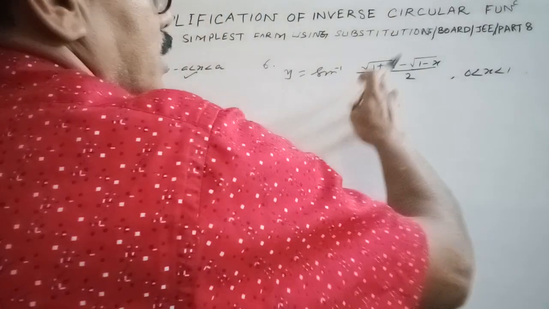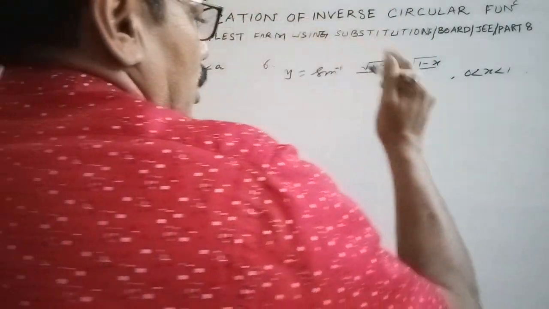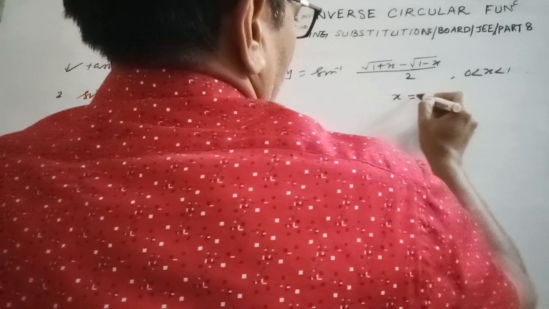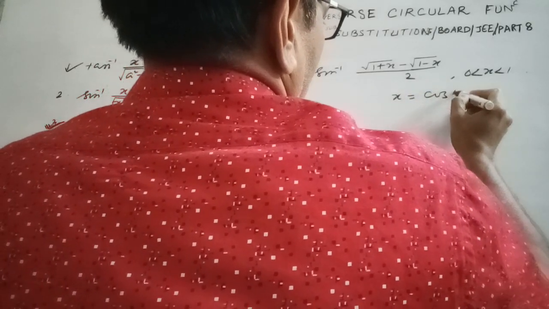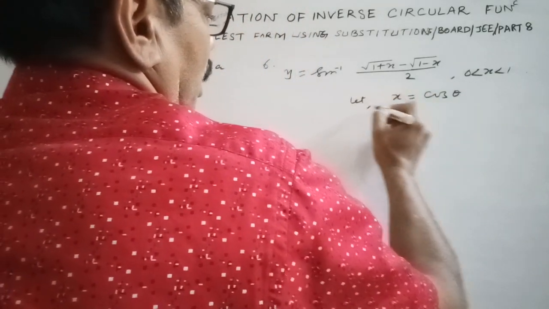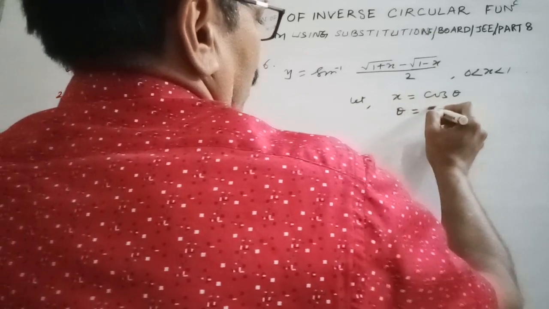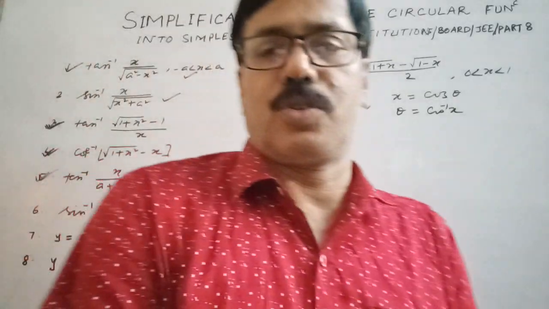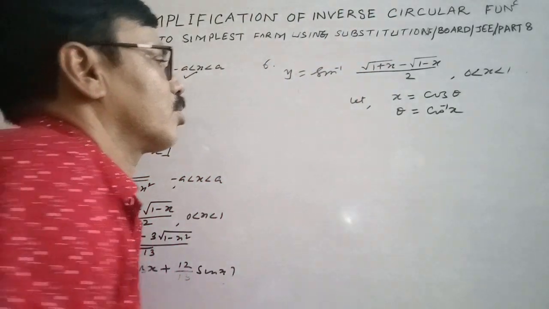Try to recall the transformation: a plus x, a minus x, both are present. So x equals a cos theta. Here a is 1, so x equals cos theta. So what is theta? Theta equals cos inverse x.